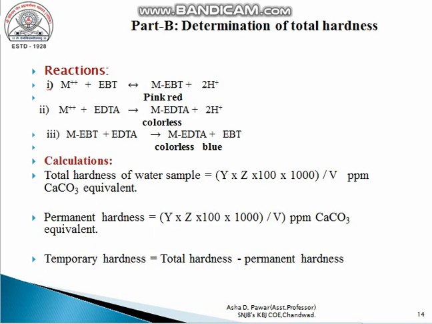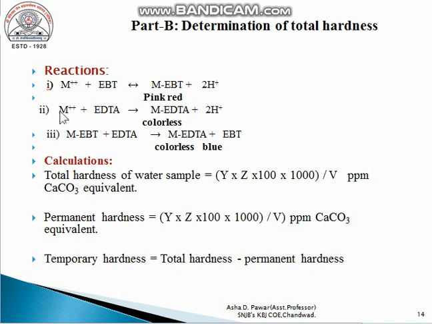And during this titration, these reactions take place. First of all, the heavy metal ions present in the water sample react with EBT indicator. Formation of this pink red or wine red metal EBT complex, it is unstable.